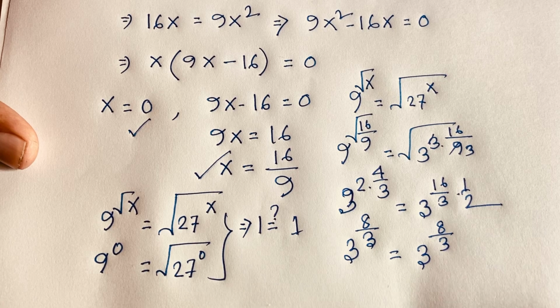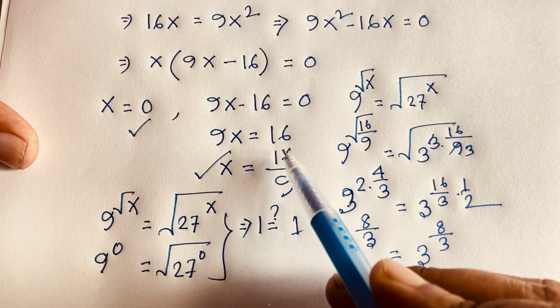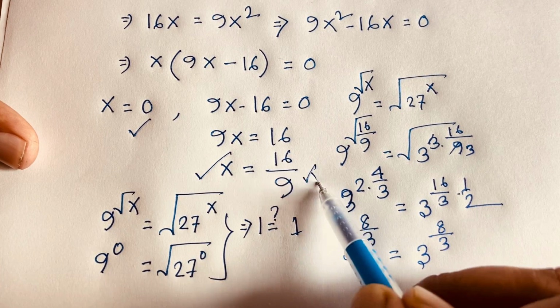So the left hand side and right hand side are equal, so I can say that x is equal to 16 over 9. This is our right answer.